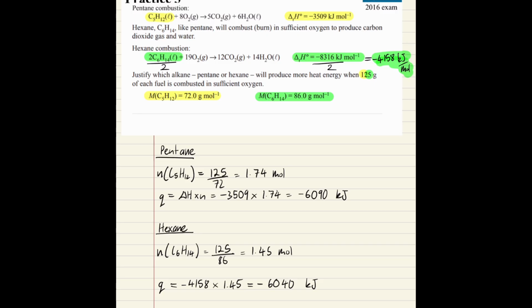But we haven't answered which fuel, we haven't asked the question yet. Okay, so it's which will produce more heat energy.